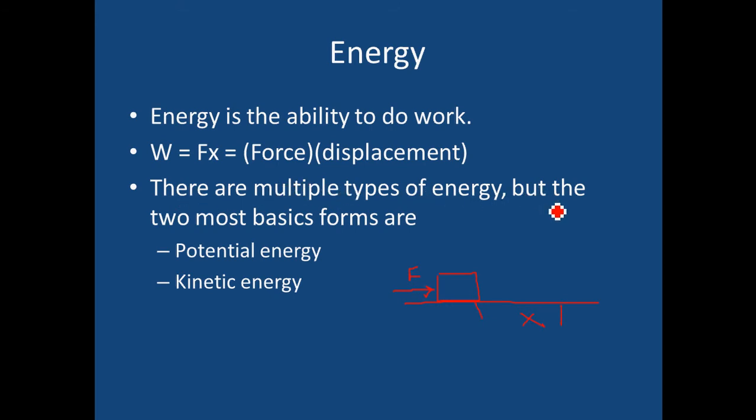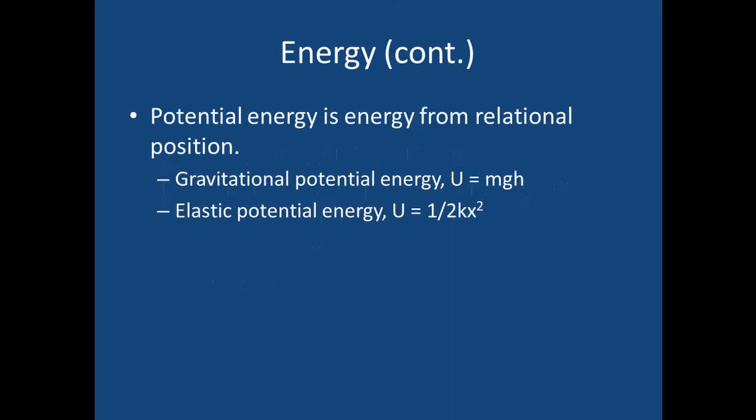There are several types of energy, but I'm mainly going to talk about potential energy and kinetic energy. So potential energy is energy based on an object's position relative to either a gravitational field, or maybe a spring.